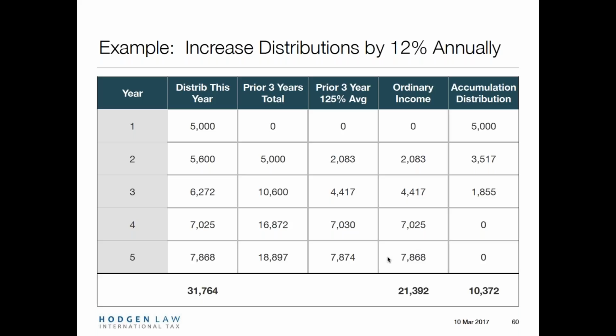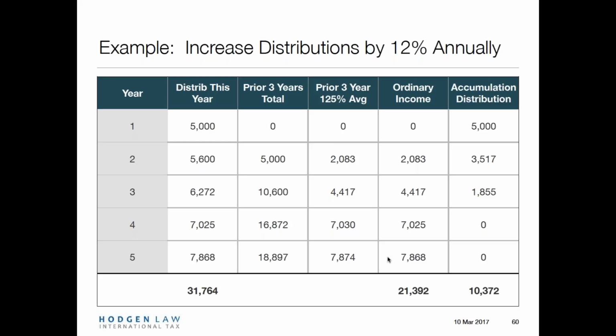We go through our Schedule A, a default method calculation, and we figure out that the entire distribution is accumulation distribution. Year two, we increase the distribution by 12%, and we do our math, and we figure out that the allocation now is $2,083 to ordinary income and $3,517 to accumulation distribution.